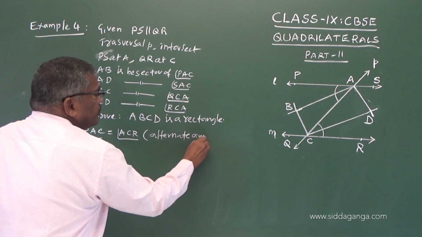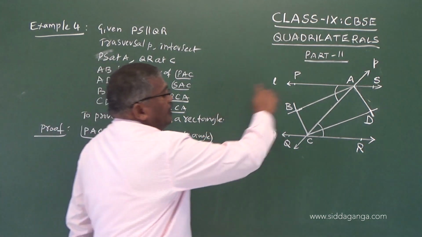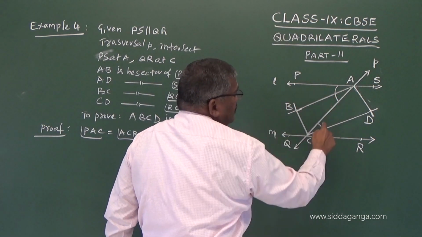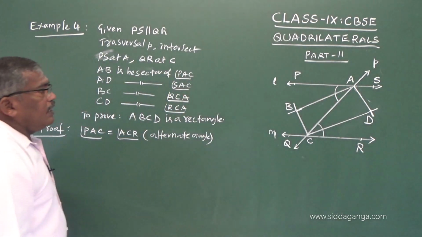Here PS is parallel to QR and this is the transversal. These two are alternate angles, they are equal.